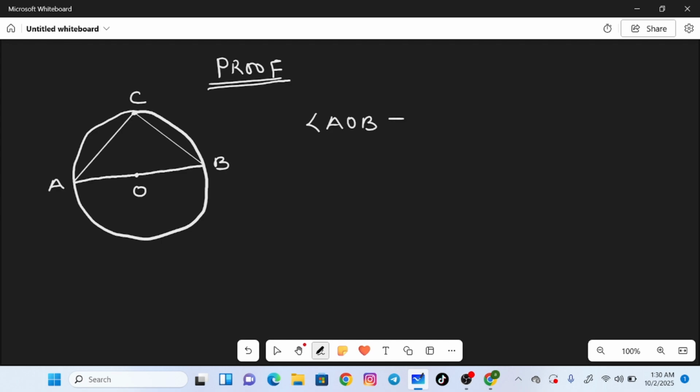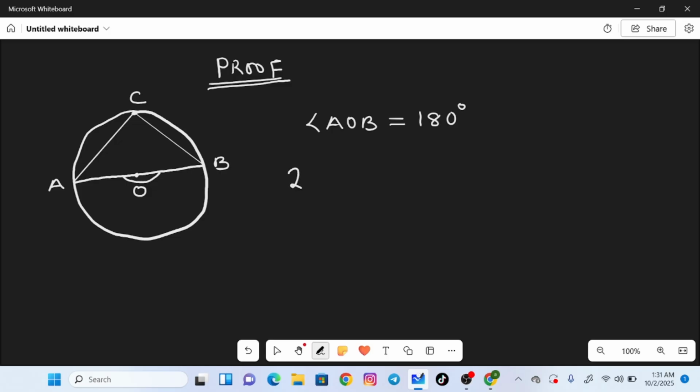By the angle at the center theorem, the angle at the center is twice the angle at the circumference. So we can say that angle AOB equals 2 multiplied by angle ACB.